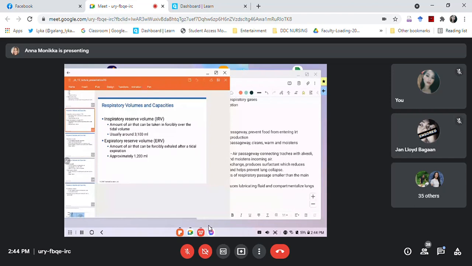The residual volume, RV, is the remaining air in the lungs that helps your alveoli stay open and prevents lung collapse.